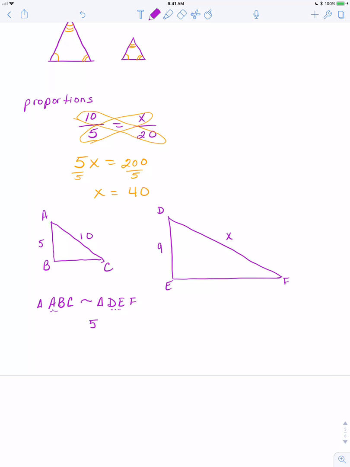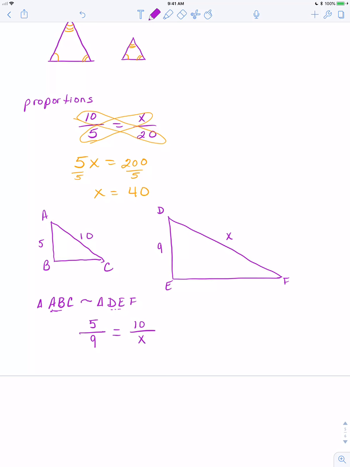So 5, line segment AB, is to line segment DE, 9, and it's got to have the same proportion on the other sides. So then AC, 10, is proportional to DF, which is our x.